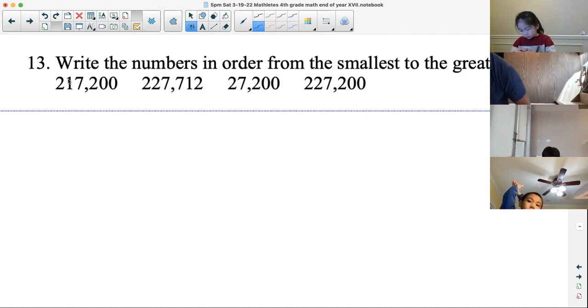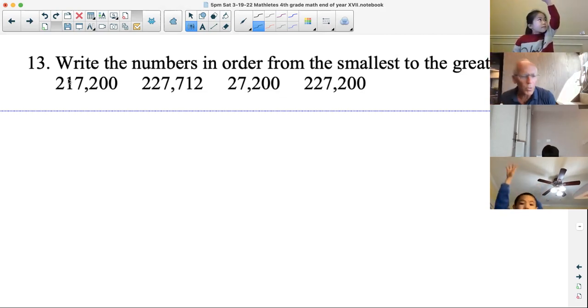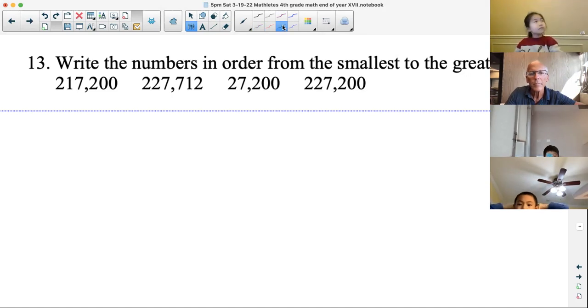All right. So who wants to start with the smallest number? I'm going to go with Jason E, smallest number. Come on, Jason, let's go. Smallest is 227,200. The second is 27,200. The third... No, Jason, hold on.